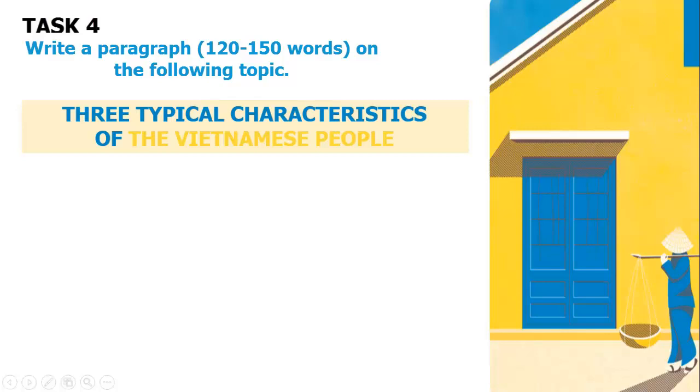Remember, the length of the paragraph is from 120 to 150 words. Pay attention. Remember to develop an outline before starting to write your paragraph. 8 minutes for you to do the task.